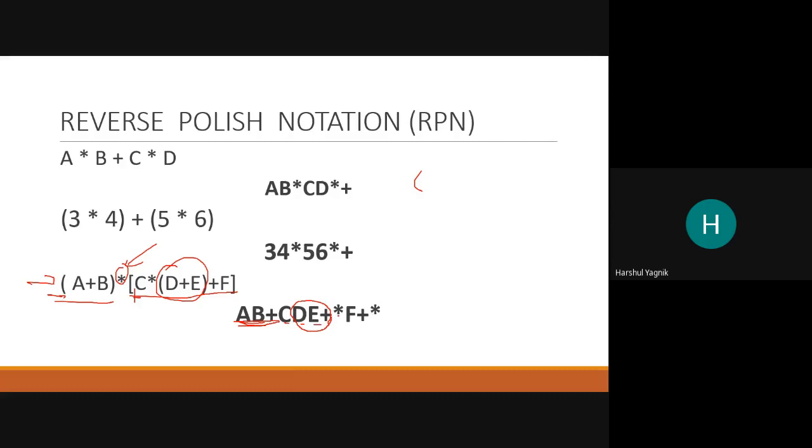And then multiplication will be done on the result with C. Next, the operand has to be written first, F, followed by the operator, plus. Now this whole parenthesis is executed. This parenthesis is also executed. What remains is the multiplication of the two parentheses, that is the last one.